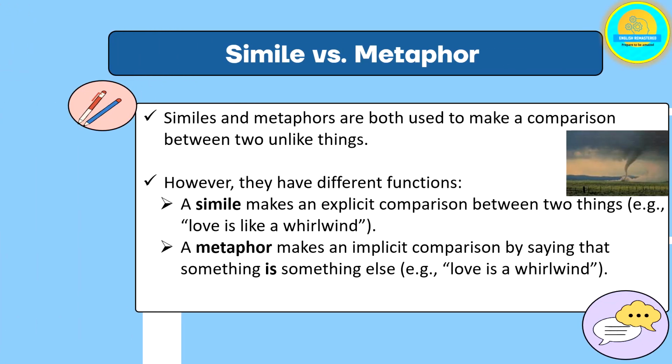In previous videos, we have examined first the metaphor and then the simile. Similes and metaphors are both used to make a comparison between two unlike things. However, they have different functions. A simile makes an explicit comparison between two things. For example, love is like a whirlwind. A metaphor makes an implicit comparison by saying that something is something else. For example, love is a whirlwind.